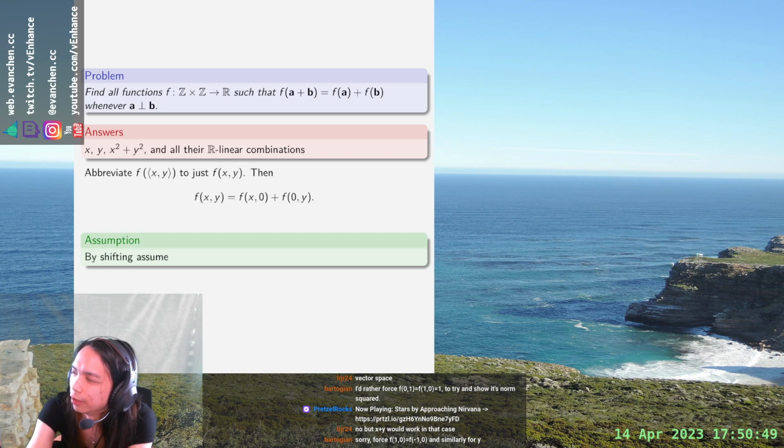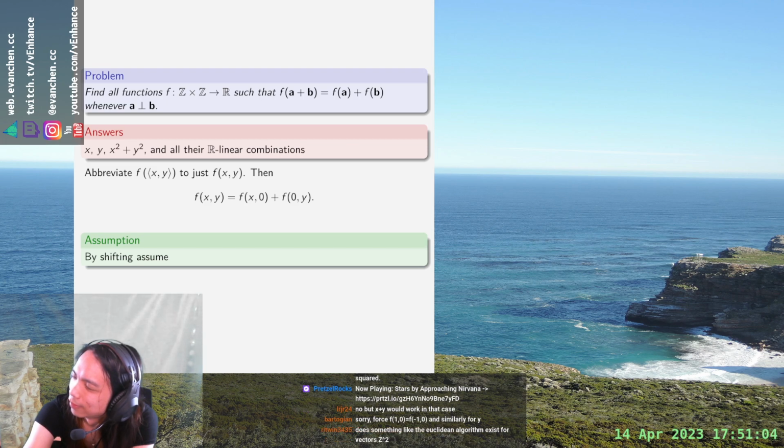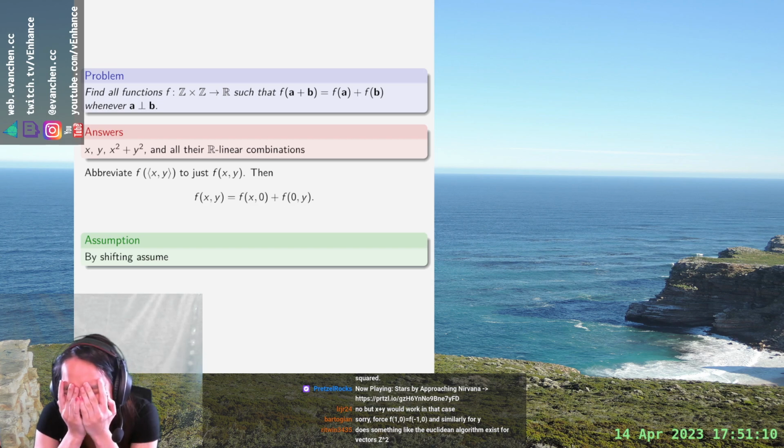Here's a question. How many f values do I need to pick before I can get everything else? Like f of 1... Yeah, I'm so confused.